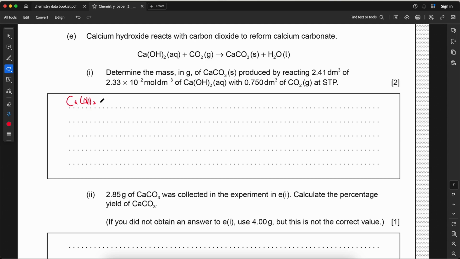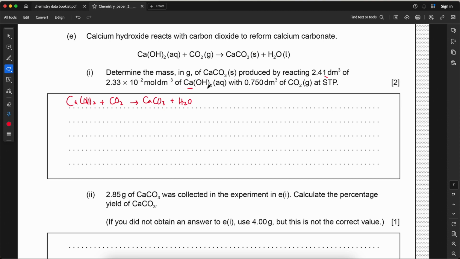Ca(OH)2 plus CO2 produce CaCO3 plus H2O. Determine the mass in grams of CaCO3 solid produced by reacting 2.41 dm³ of 2.33 × 10^-2 mol/dm³ Ca(OH)2.